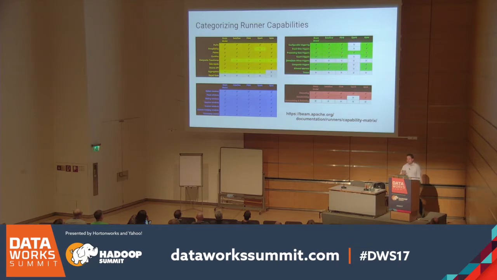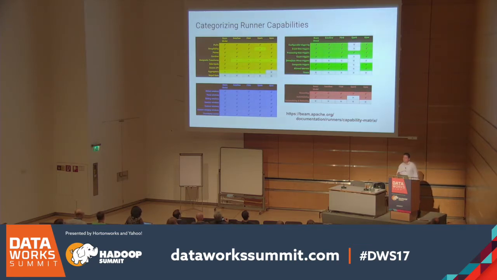Right? But does that mean then that every pipeline runs on every runner? And the answer is kind of. If you are using standard capabilities in Beam, chances are that pipeline runs on all runners. But if you are using something that was added yesterday, chances are that runs only on a smaller number of runners, but still several.